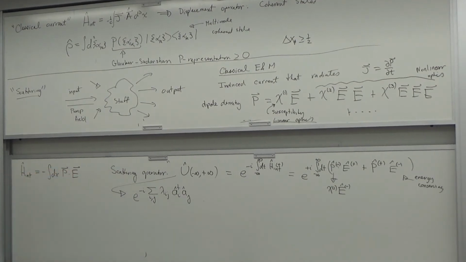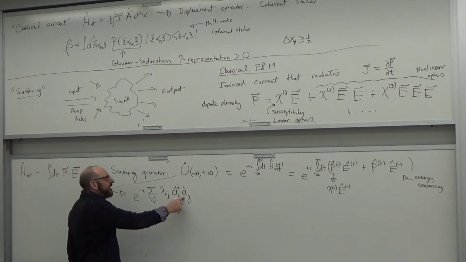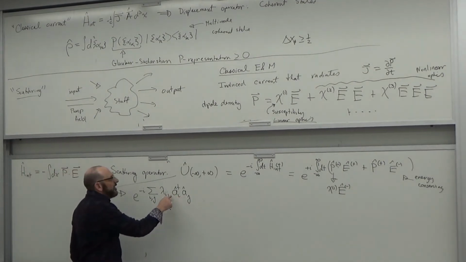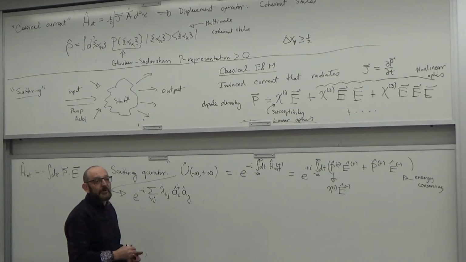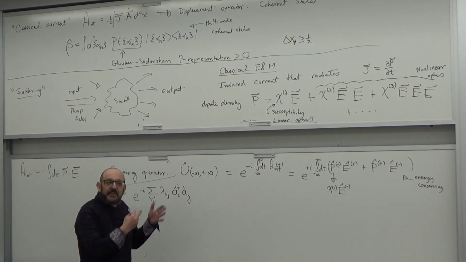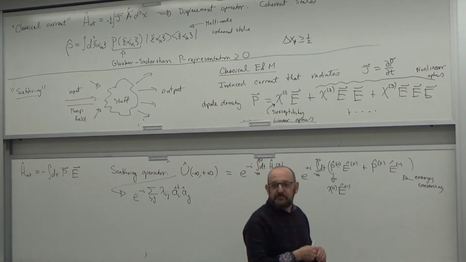In other words, what this scattering operator does is it annihilates a photon in some mode and then just puts it in another mode. That's all this thing can do.